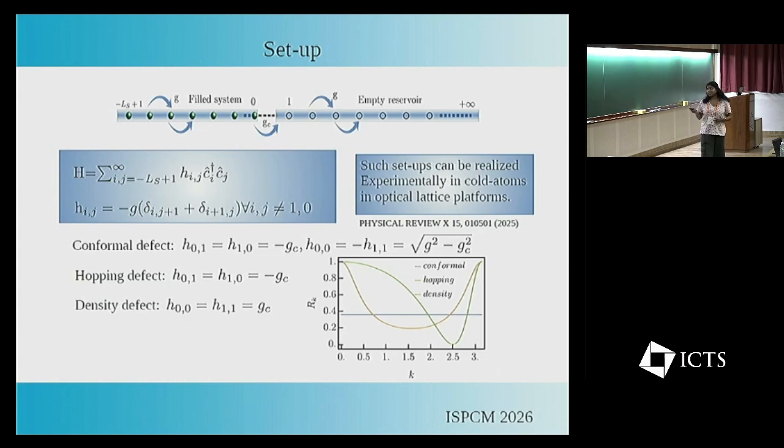For the conformal defect, the reflection or transmission probability is k independent, where k is the wave vector, whereas for the density and hopping defect, the reflection probability is k dependent.